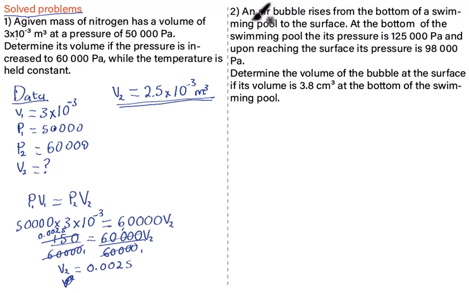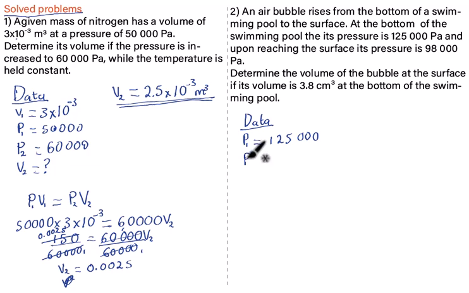Number 2, an air bubble rises from the bottom of the swimming pool to the surface. At the bottom of the swimming pool, its pressure is this. Okay, it's starting from the bottom again. P1 is equal to 125,000, and upon reaching the surface its pressure is 98,000.